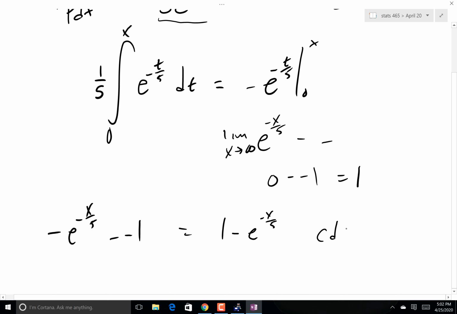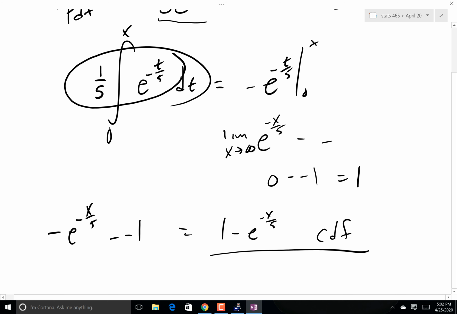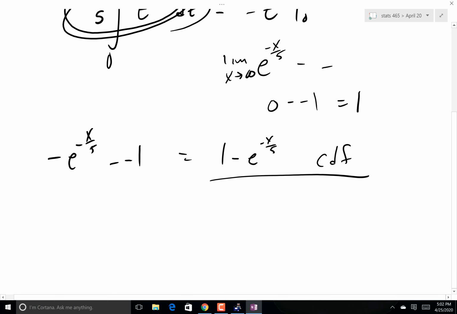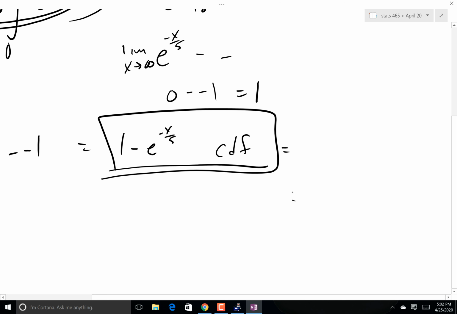This is the CDF for that guy. So this would be the PDF, probability density function, and this down here would be my CDF. Remember, it always tells me the probability that x is less than or equal to some value of x, for instance, x less than 2 or what have you.